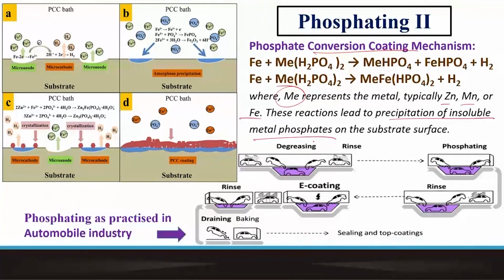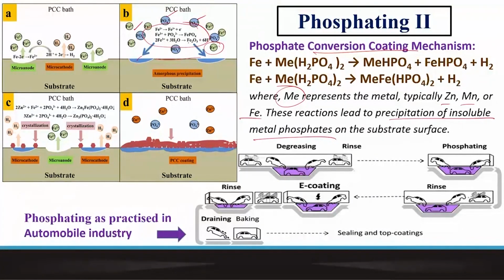Otherwise, if we coat by some other chemical method, the same compounds won't be as adherent as this, because the phosphate ions are coming from the bath, these anions, and the iron ions are due to dissolution from the surface.